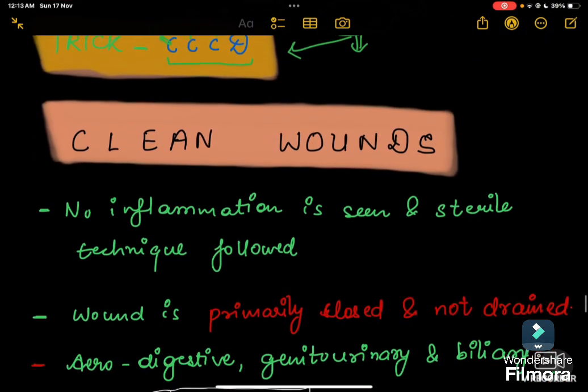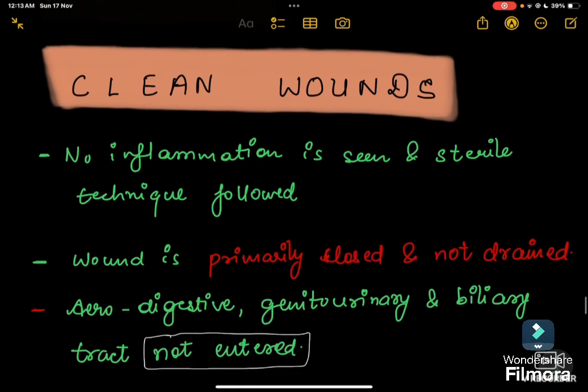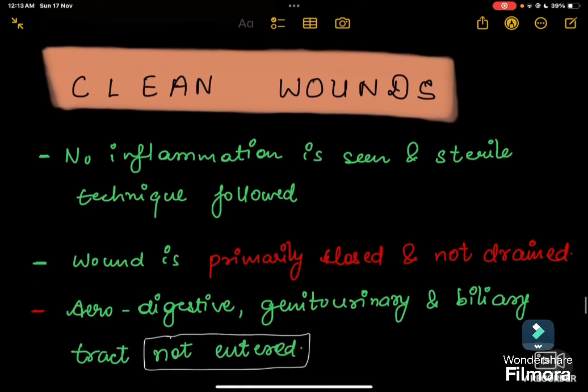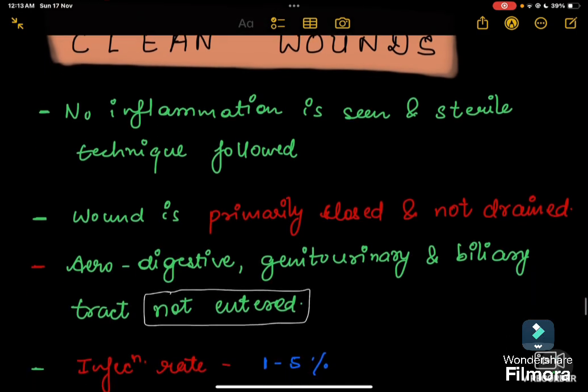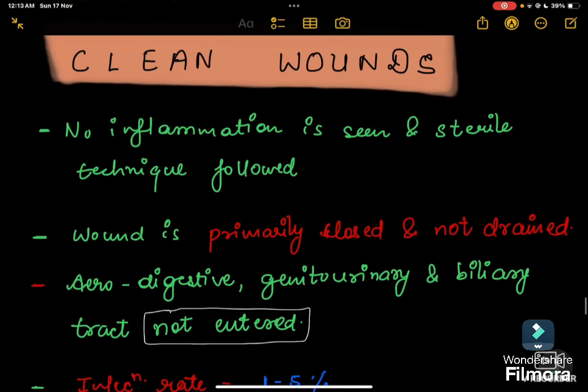Now first category, clean wounds. So what is clean wound? So in clean wounds there will be no inflammation, and the technique used for that wound will be sterile technique, means there is no infection associated with it. And the wound is primarily closed, means the wound is in general closed type.